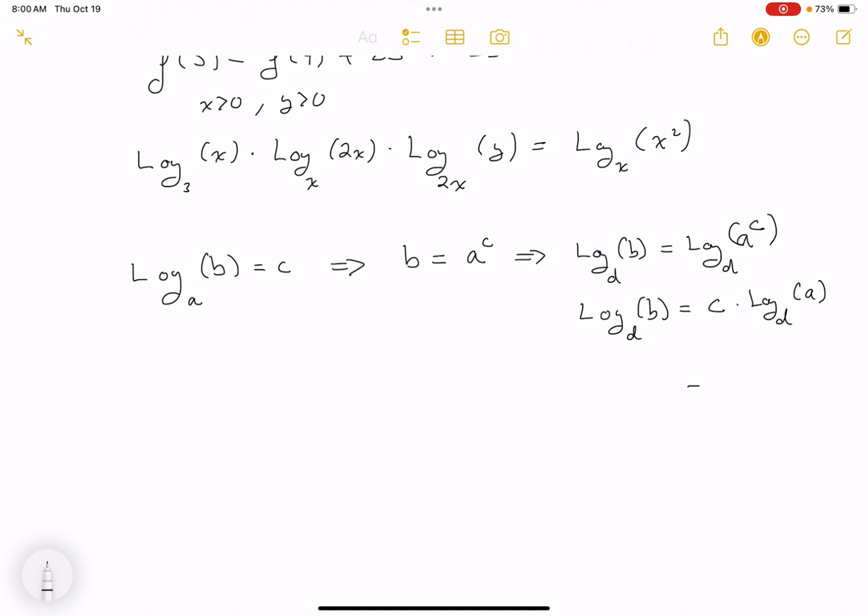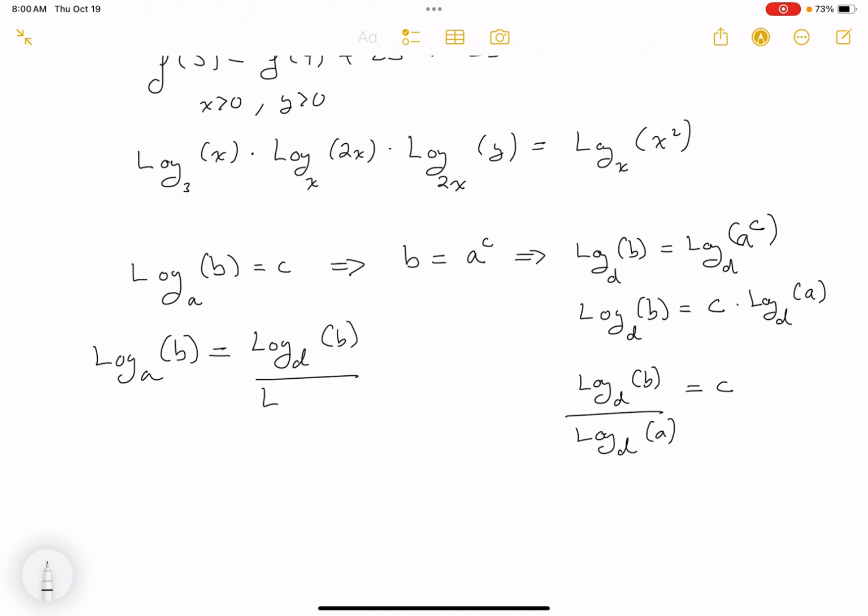Put that in parentheses. So now I know c is equal to log base d of b over log base d of a. And that's the base change formula. So I could say log base a of b is really the same thing as log base d of b over log base d of a, the base change formula.